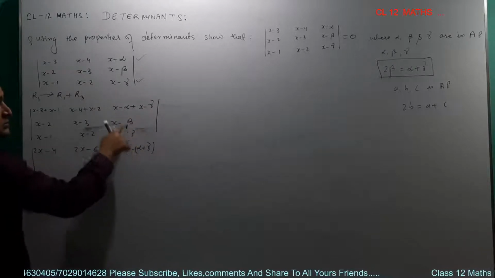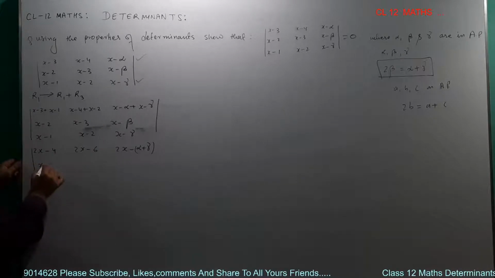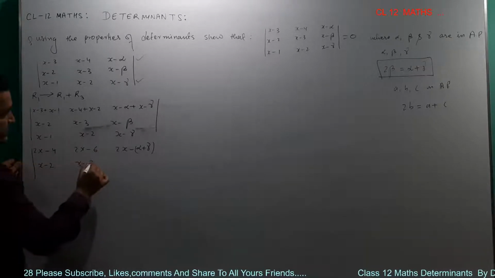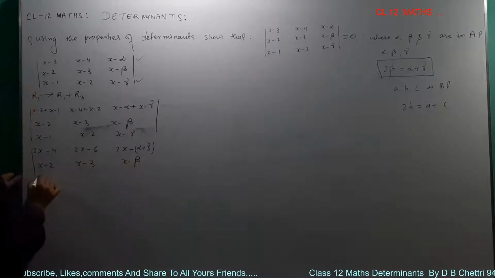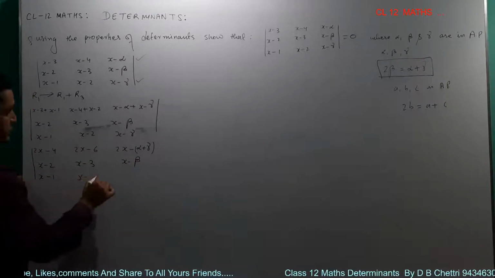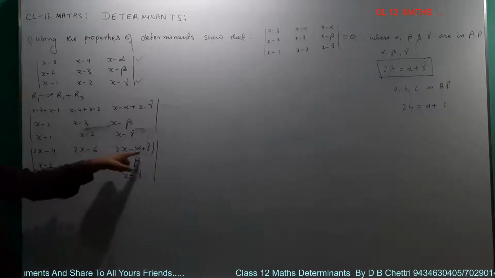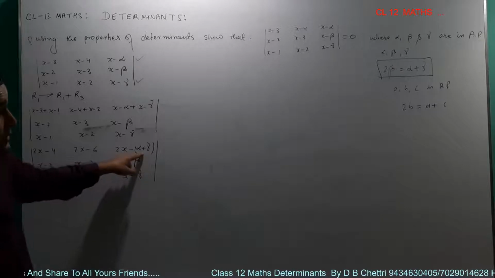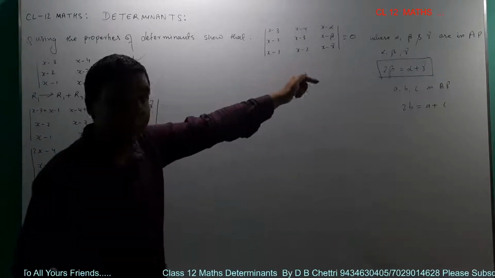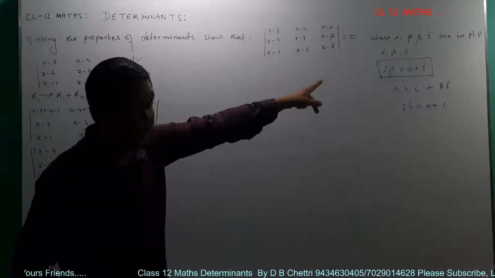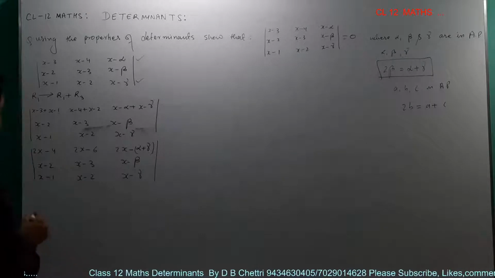Then the others remain the same: x minus 2, x minus 3, x minus beta; x minus 1, x minus 2, x minus gamma. Now look, we got alpha plus gamma. Alpha plus gamma can be replaced by 2 beta according to the formula, because they are in AP. Now replace alpha plus gamma by 2 beta.